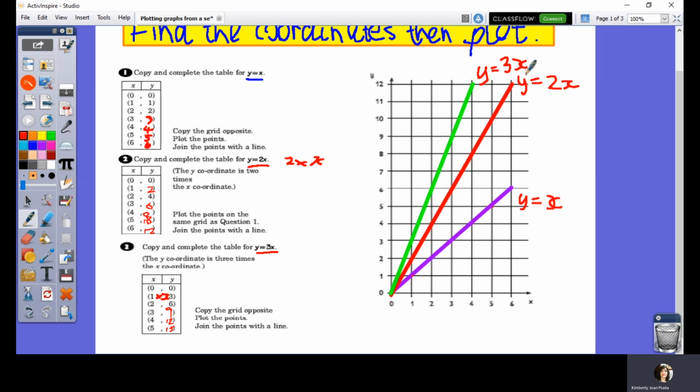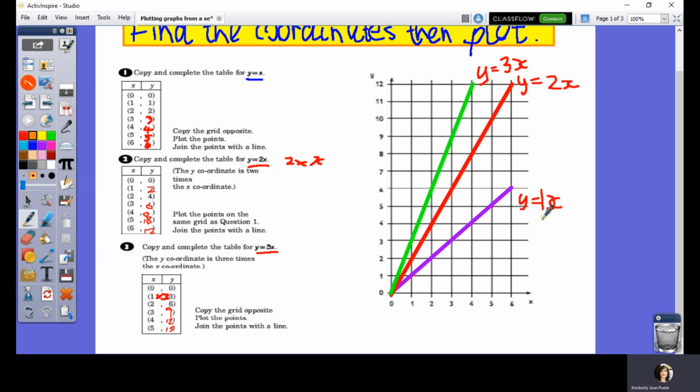When I have drawn these three lines, you should notice something. This line is called y equals x, or 1x, this line is 2x, and this line is 3x. What did you notice?